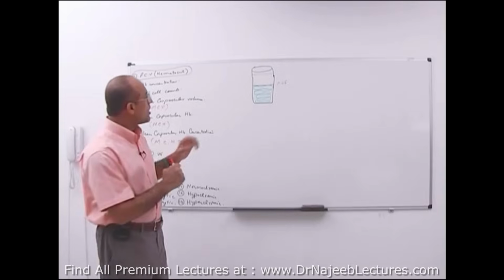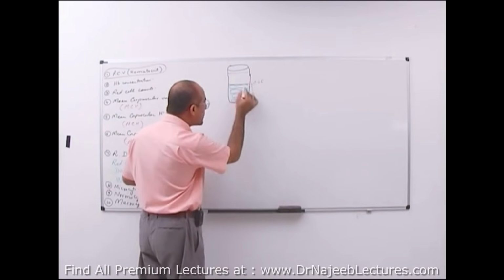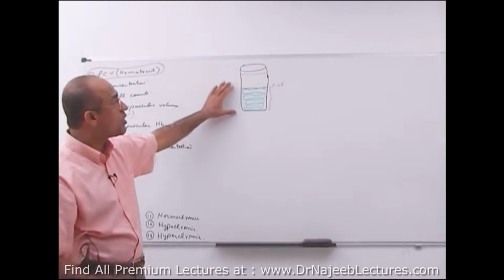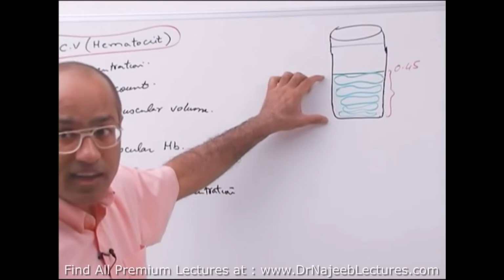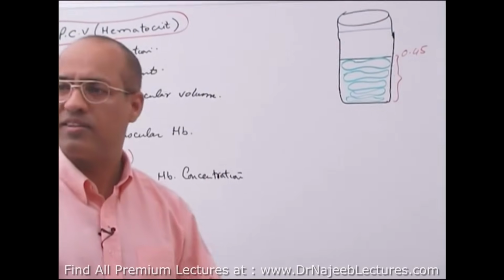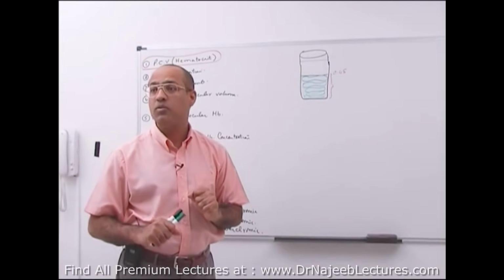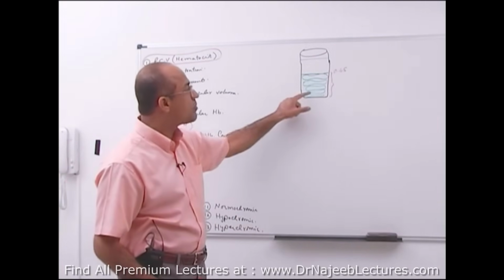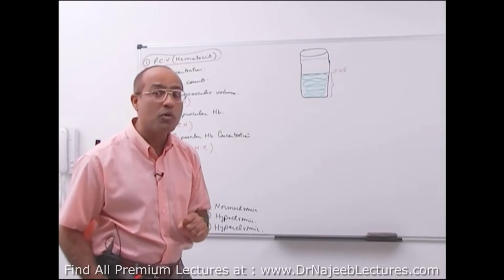Within this volume we can talk about other things. Because packed cell volume only tells us that out of the full unit of the blood, 45% is occupied by red blood cells. But someone can come and ask, this is the volume occupied by all the red blood cells, but what is the number of red blood cells? Because there are many red blood cells put together and then this volume is occupied. So it means we need one more term.